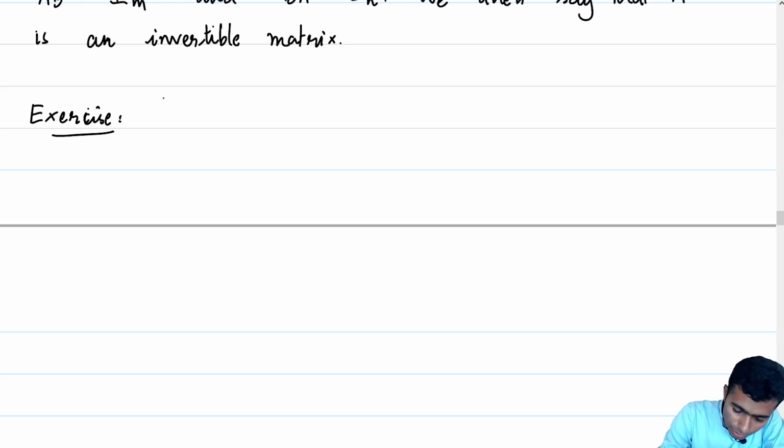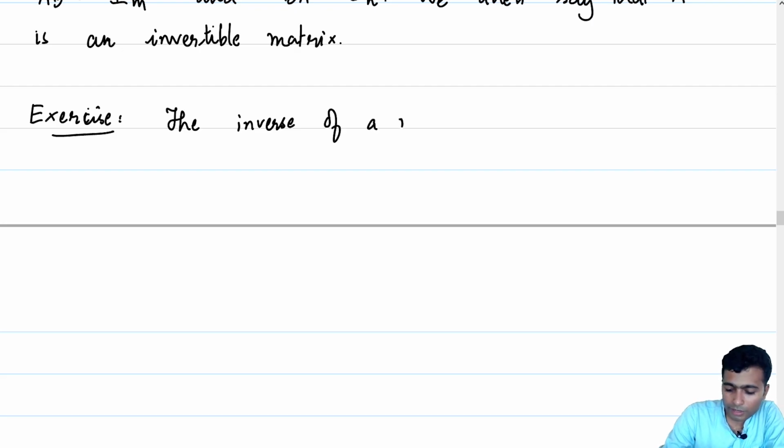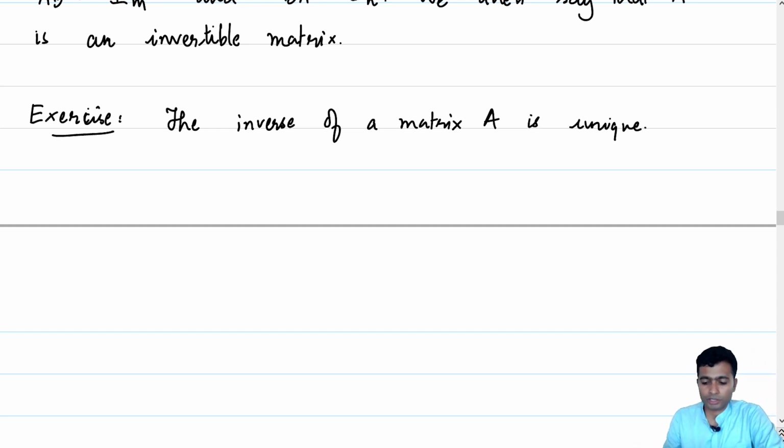So the exercise is to show that the inverse of a matrix A is unique. Start off with two potential inverses B and B prime and prove that B is equal to B prime.